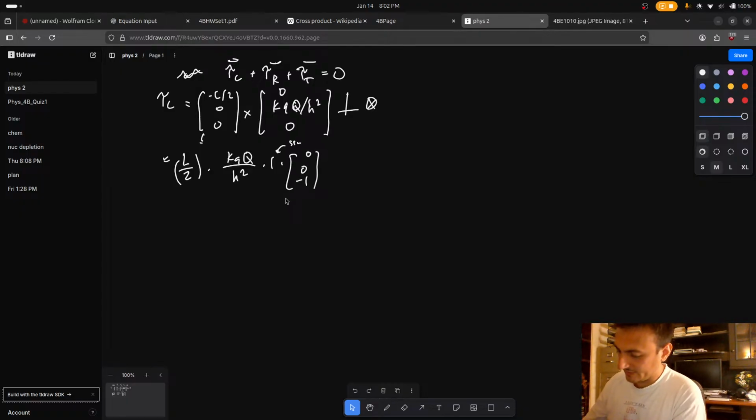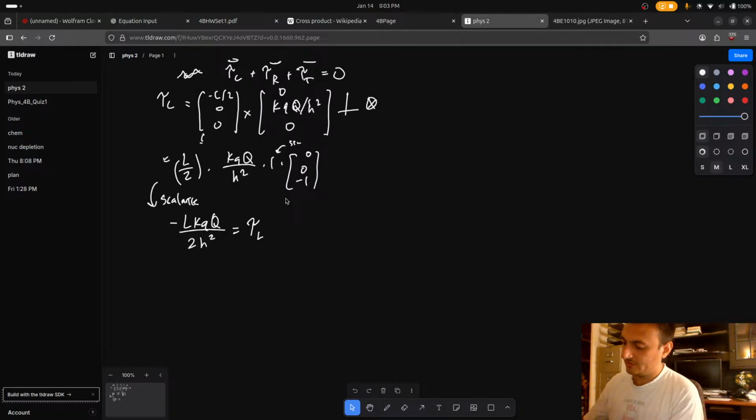Okay, so now I'm going to say scalarize, because we're just going to get rid of that thing, because I guess we're allowed to. It's a little bit sus actually, but it's fine. So we're going to get minus L kQQ over 2h squared is equal to the torque on the left.